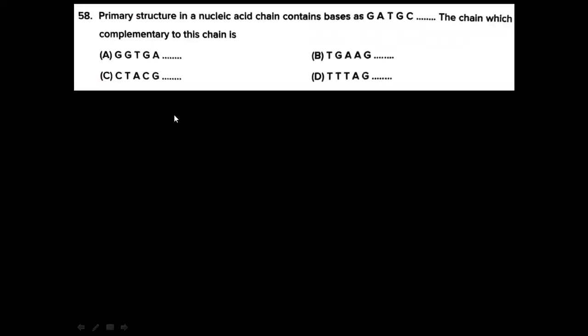Option C. Primary structure in a nucleic acid chain contains bases as GATGC. The chain which is complementary to this chain is... This is also a direct question, which is CTACG. Option C.